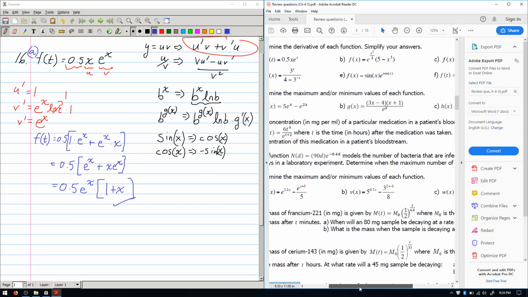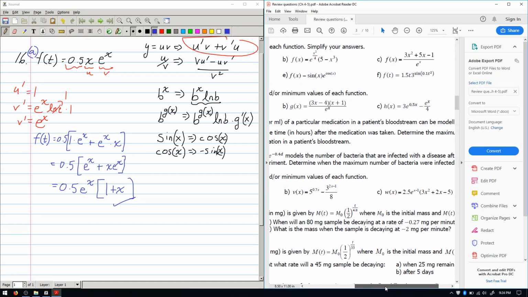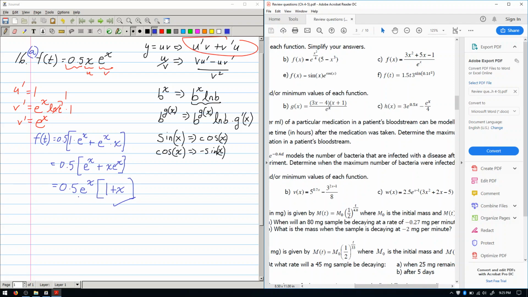Let's do 16e. Better yet, let's do 16c and e. Let's do that. So 16c. What do I have? I have f of x equals 3x squared plus 5x minus 1 all over e to the x.